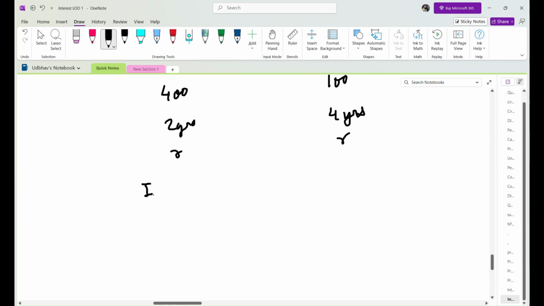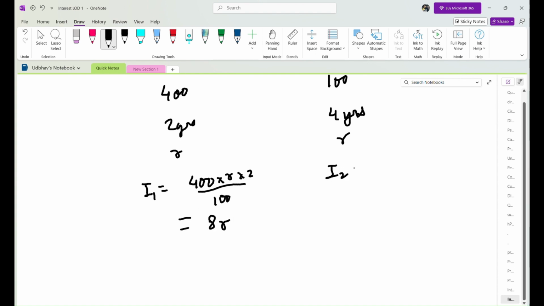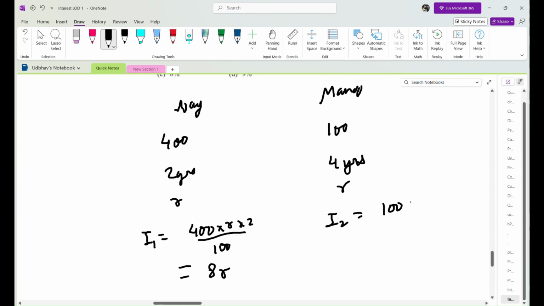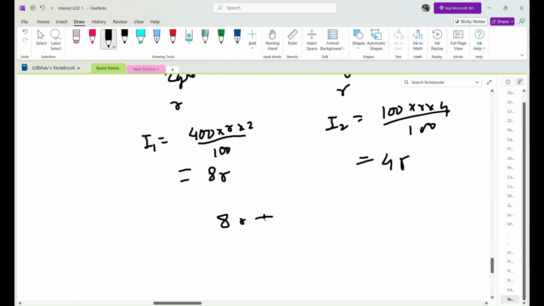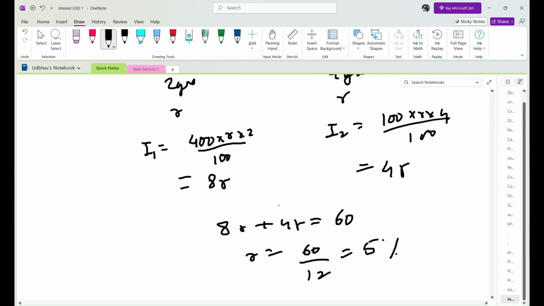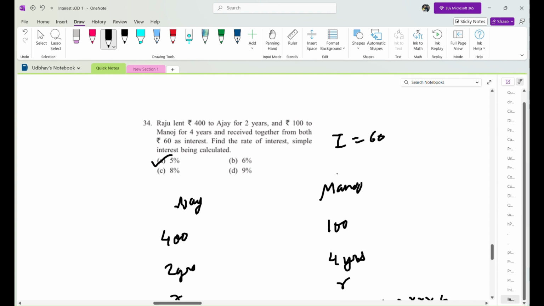So the interest I1 here will be 400 into R into 2 upon 100, 8R, and I2 will be 100 into R into 4 upon 100, 4R. 8R plus 4R equals 60. R equals 60 upon 12, 5%.